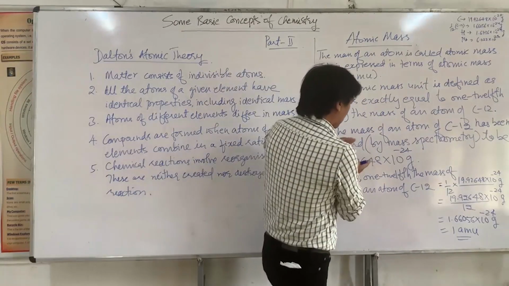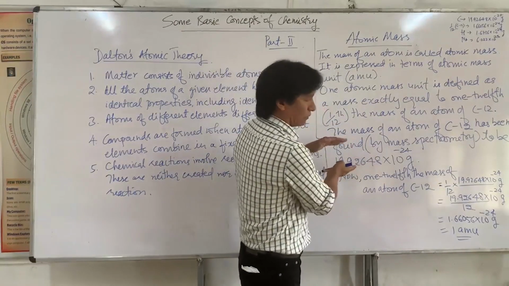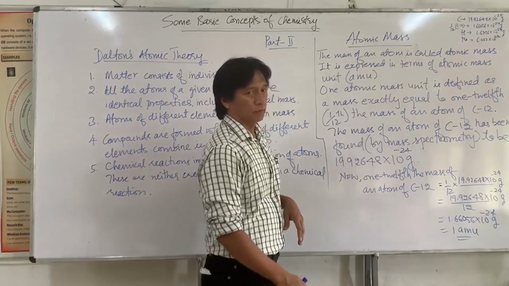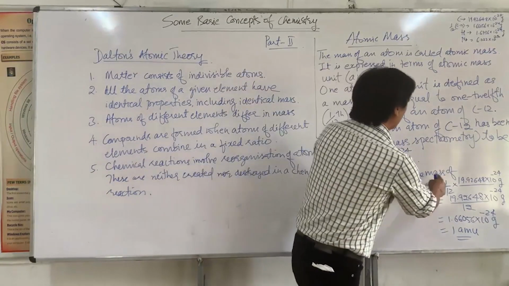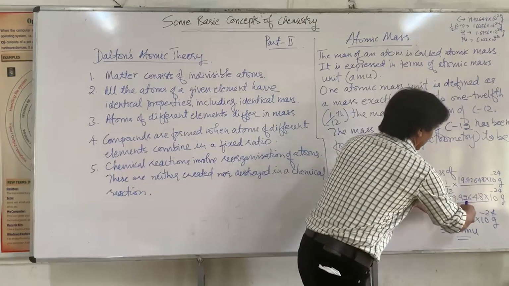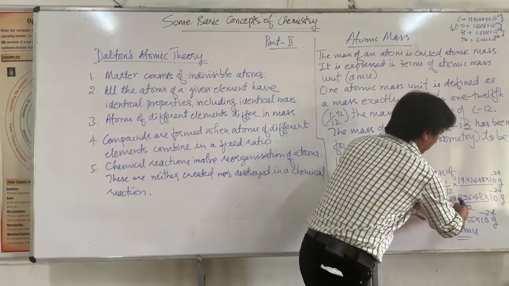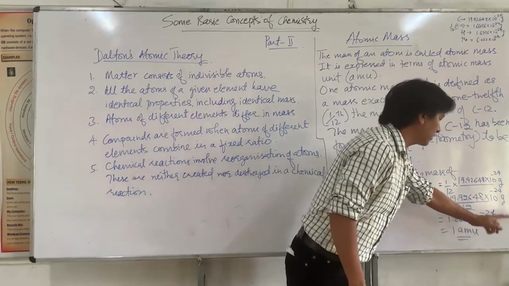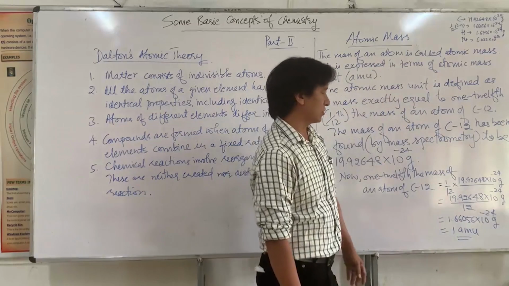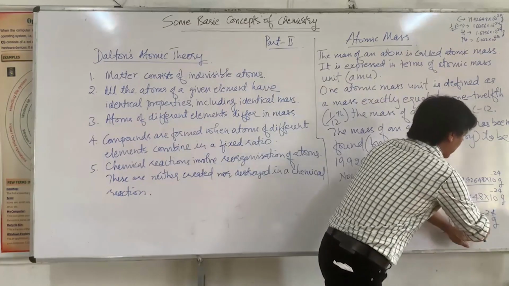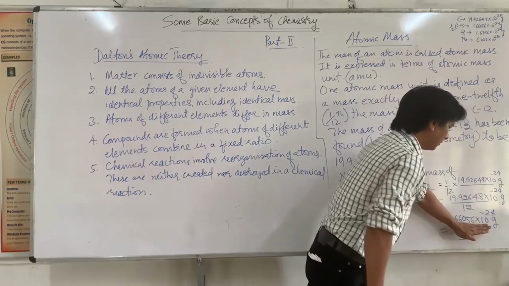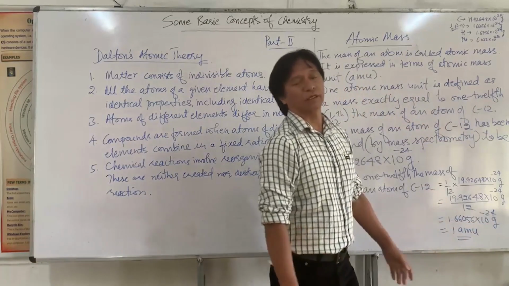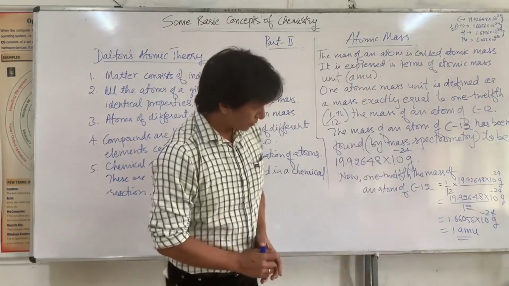Now this mass, when divided by 12, you get this value 1.66056 into 10 to the negative 24 grams. So this value here is taken as 1 AMU.